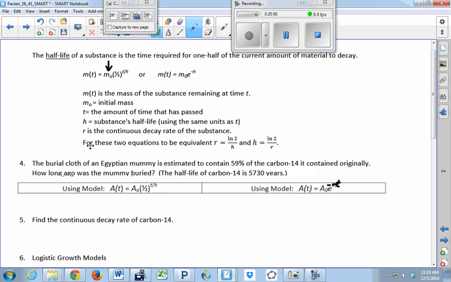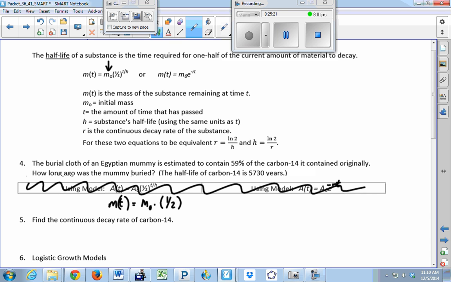When you're given the half-life, use the model right here. M of T equals M sub naught times 1/2 to the T divided by the half-life, and there it is, 5730.